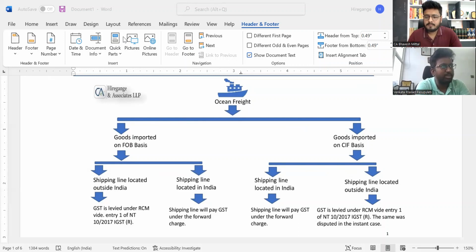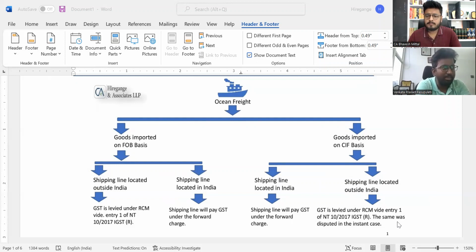Whereas in the second case, because they can't go to the foreign shipper and ask for the tax to be paid in India, they have made the Indian importer liable for the GST on this freight component. Though he is neither the supplier of the transportation nor the actual recipient of the transportation, they made him liable for the GST under reverse charge. And this is what they made in notification number 10 of 2017, and the rate was 5%. Of course, there is some problem in arriving at the valuation also.